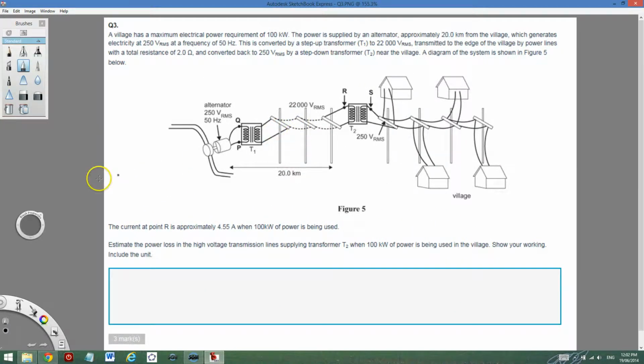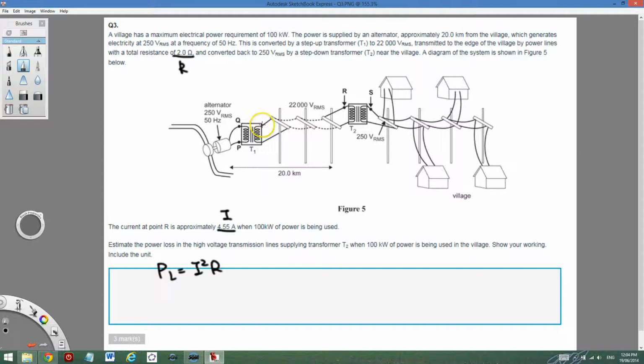Now look at this question. In this question, again we're looking for power loss. P equals I squared R. So the current is this, and if you read, the resistance is this.